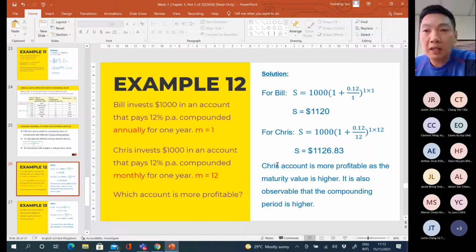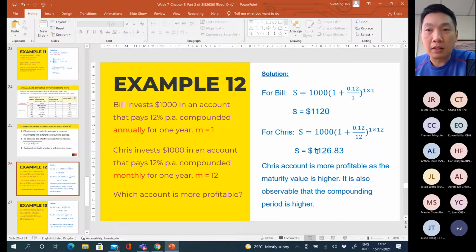As a result, Chris has a higher future value, due to M, because the interest is compounded more frequently.